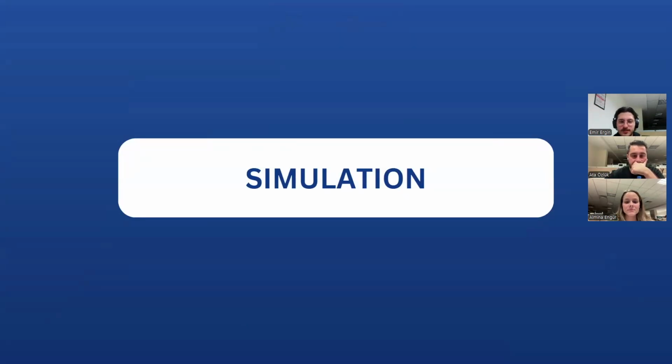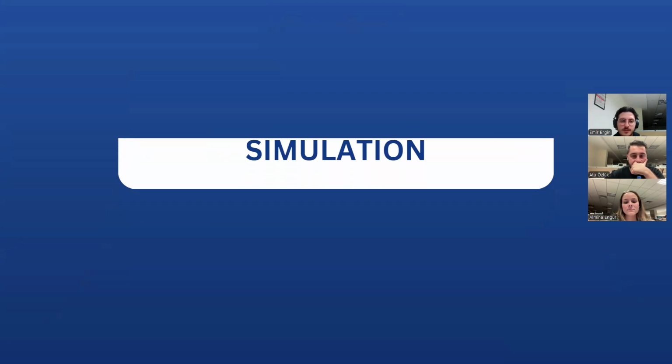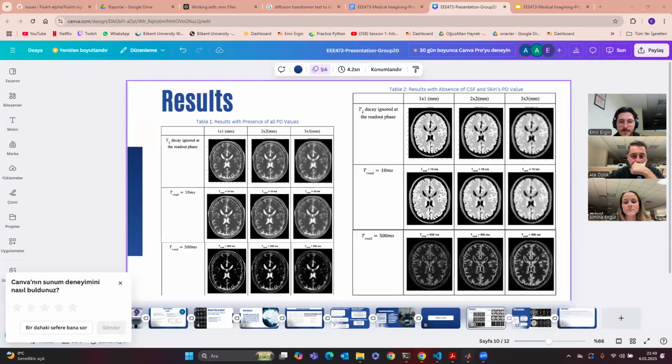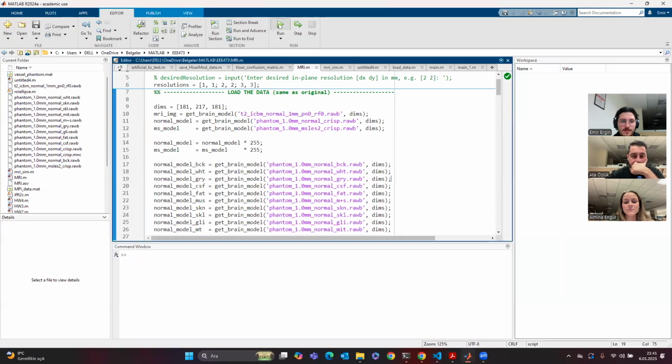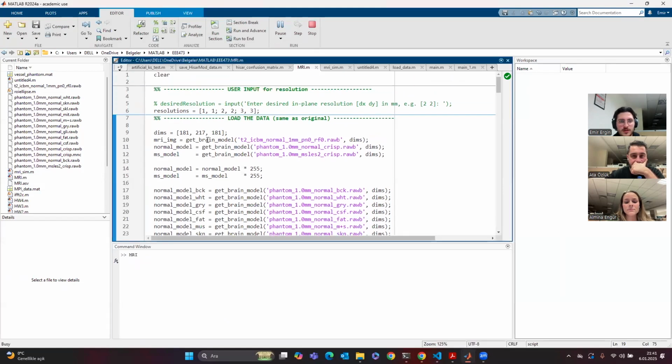I will demonstrate the implementation of the simulation on MATLAB. Here, as you can see, this is the dimension of the dataset. Here are the resolutions we use.